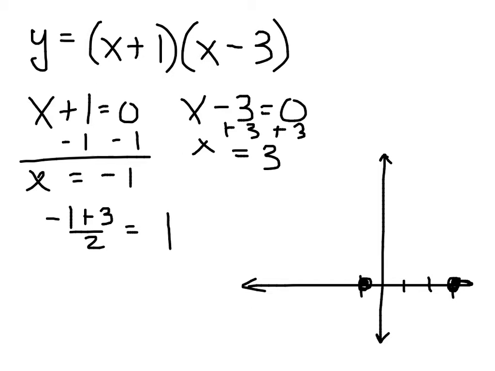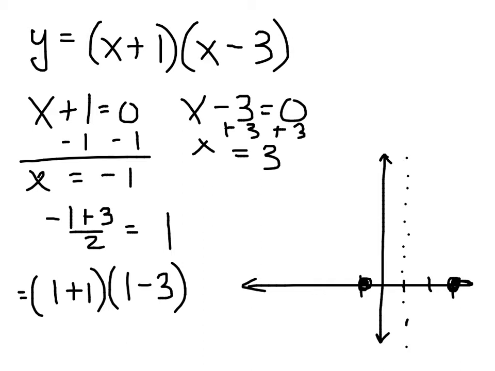Because negative 1 plus 3 is 2, and 2 divided by 2 is 1. So that means the axis of symmetry is running right down at 1, right down the middle. Is everybody okay with this step so far? Then in order to get where the vertex is, you plug in the number 1 and see what you get. 1 plus 1, 1 minus 3.